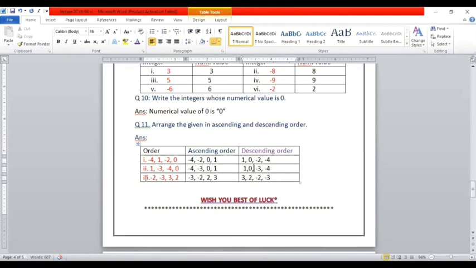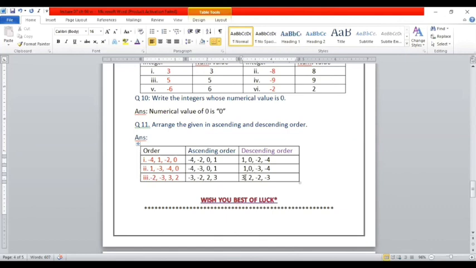Dear students, in question number 3, I have -2, comma -3, comma 3, and 2. The smallest value from the given group is -3, then -2, then 2, comma 3. In descending order we start from 3, the biggest one, then 2, then -2, then -3.